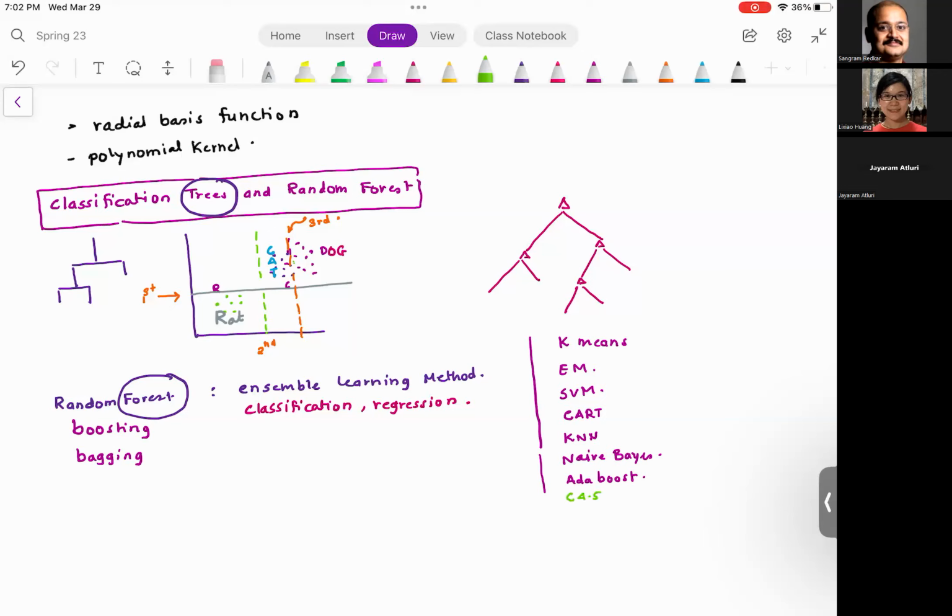Please understand this C4.5 is different from C45, the fitness training gym that you see everywhere. C4.5 is like ensemble learning for decision trees. Then there is the Apriori algorithm. And then there is Google PageRank. These are some of the important algorithms in the history of data science.